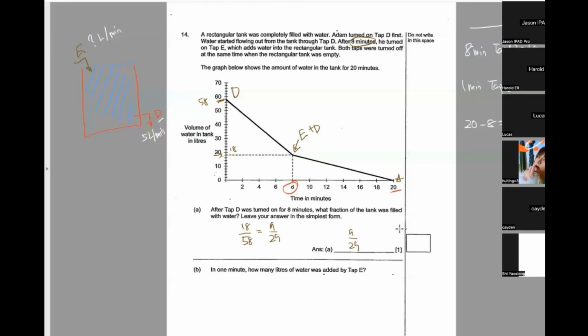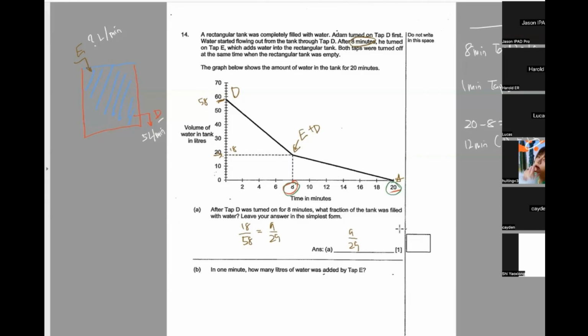So how much water was drained out during those 12 minutes? During the 12 minutes, taps D and E together drained out 18 liters. Sorry, 20 minus 8 is the time.